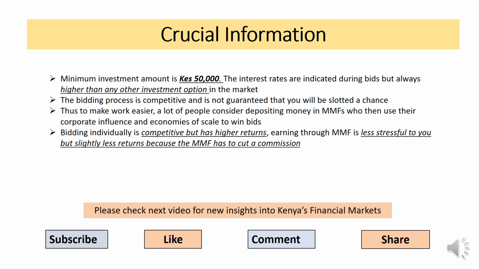So if you bid individually, your chances of being considered are quite less. But if you win, you will get higher returns. On the other hand, if you take your money to an MMF, the chances of an MMF winning a bid are quite high, but the returns that you're going to get are slightly less.